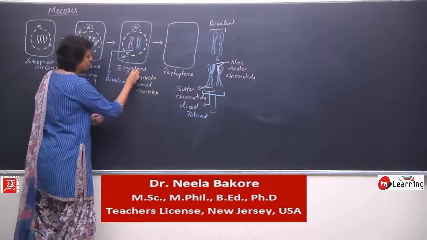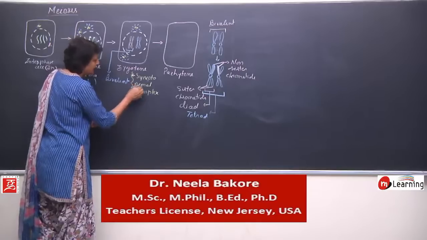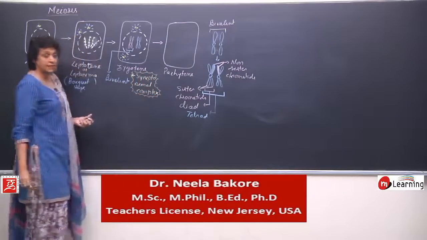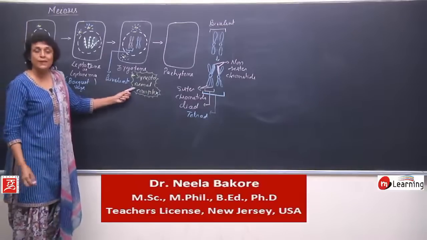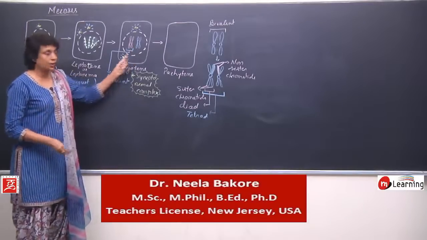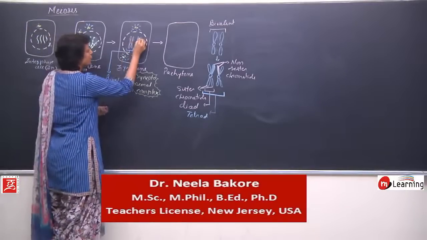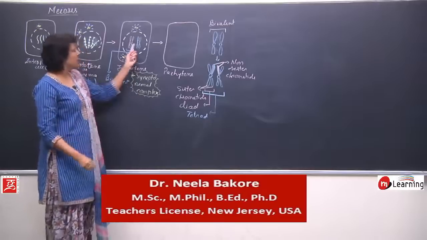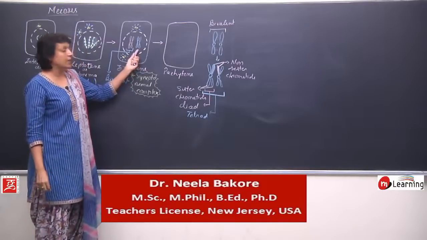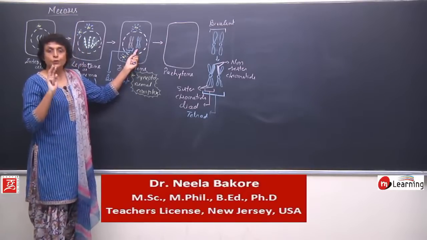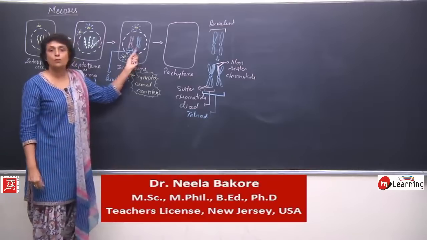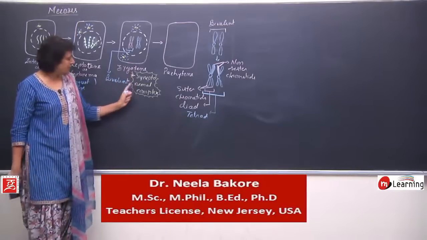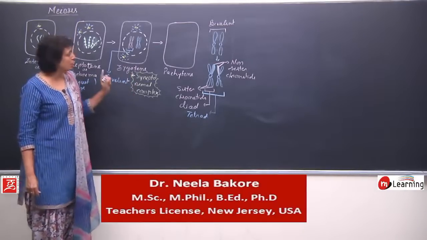So with the synaptonemal complex, we are highlighting the events which are taking place in all subphases. The synaptonemal complex is the connection between the chromosomes of homologous pairs. These are fibers made up of nucleoproteins, and they help the two chromosomes of the homologous pair stay together. That is when the zygotene stage is taking place. This is called the synaptonemal complex.